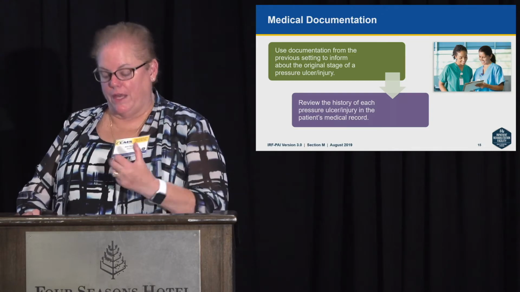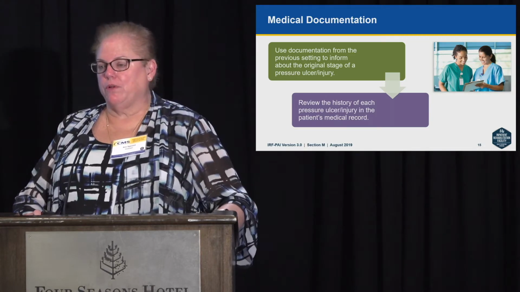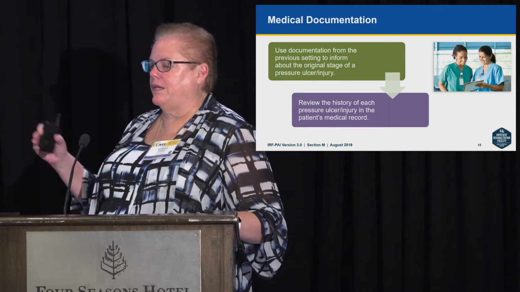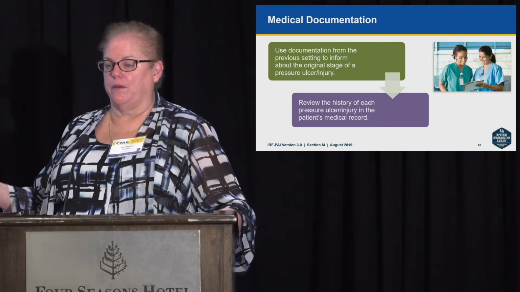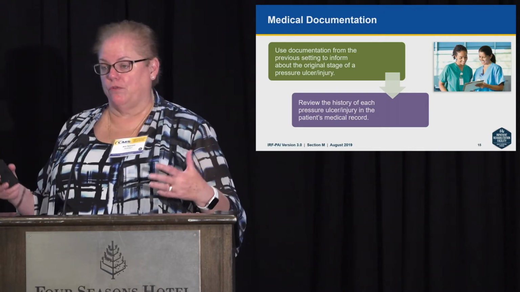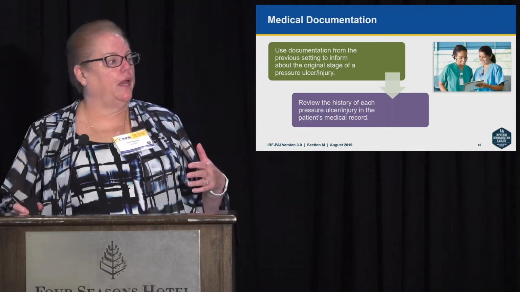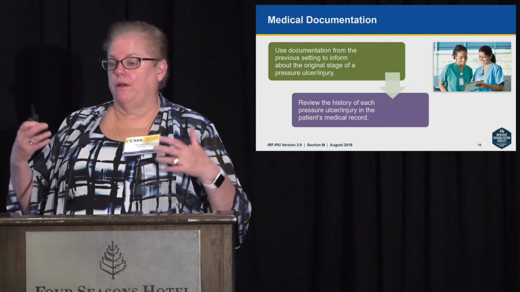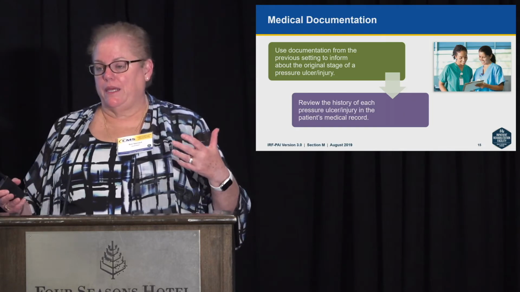You want to take all of that information in, especially related to a pressure ulcer, because if someone had an extended stay, let's say you're taking a patient from the acute care side, they may have developed a stage 4 pressure ulcer, and through great care and whatnot, it may be healing, okay?